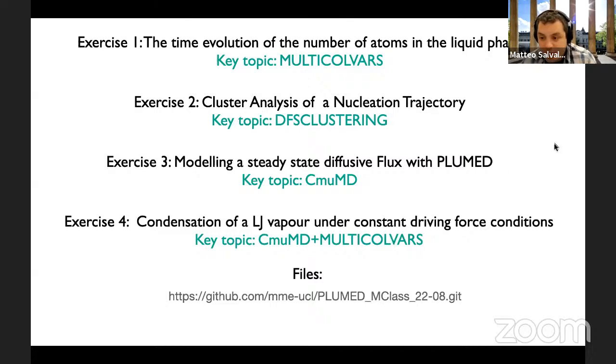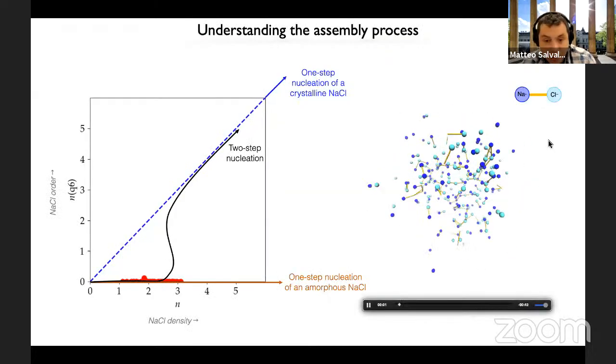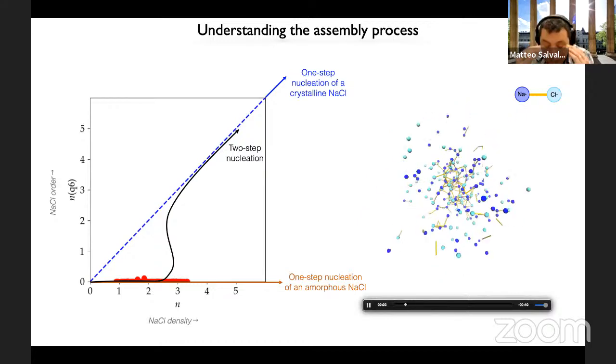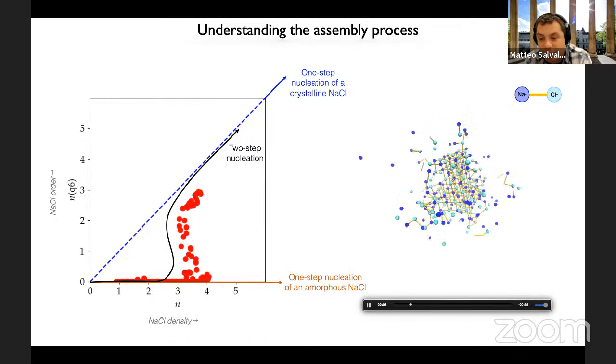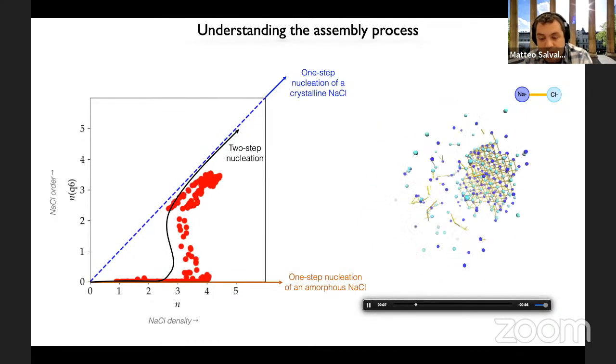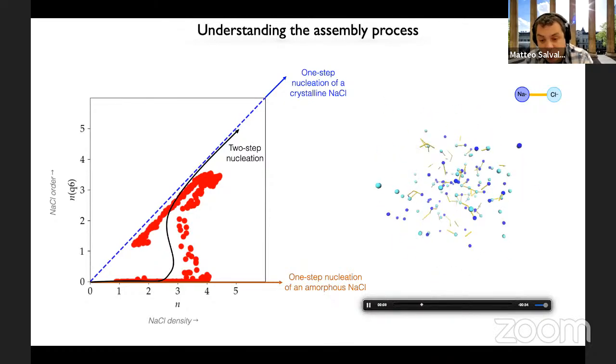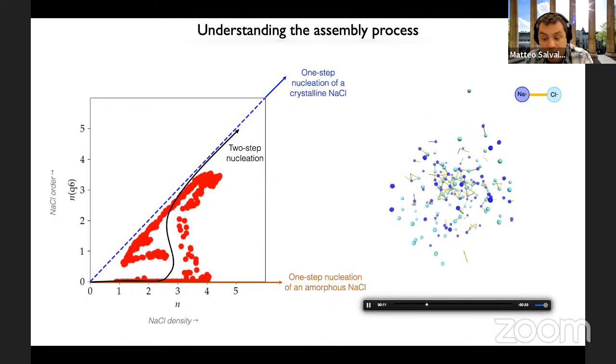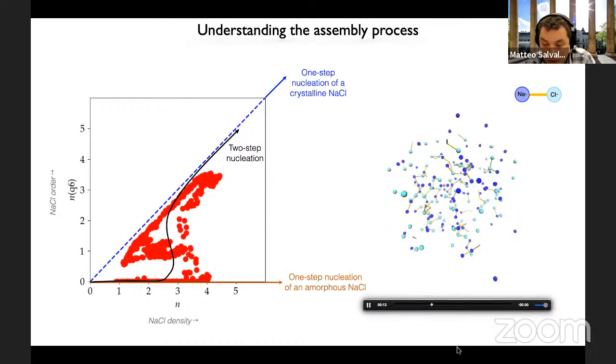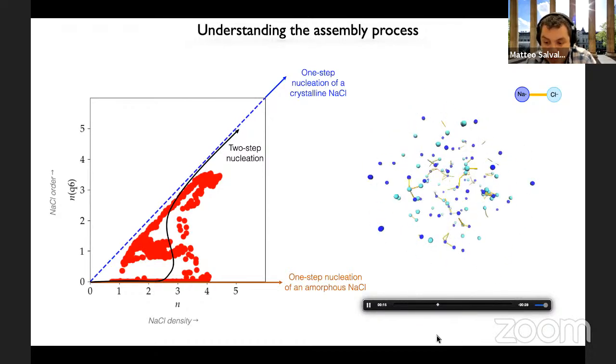Since it's an introductory lecture, just to give an idea of why these ideas are important, I wanted to provide a few examples. The first example is about crystal nucleation. This comes from a paper that Aaron Finney recently published.